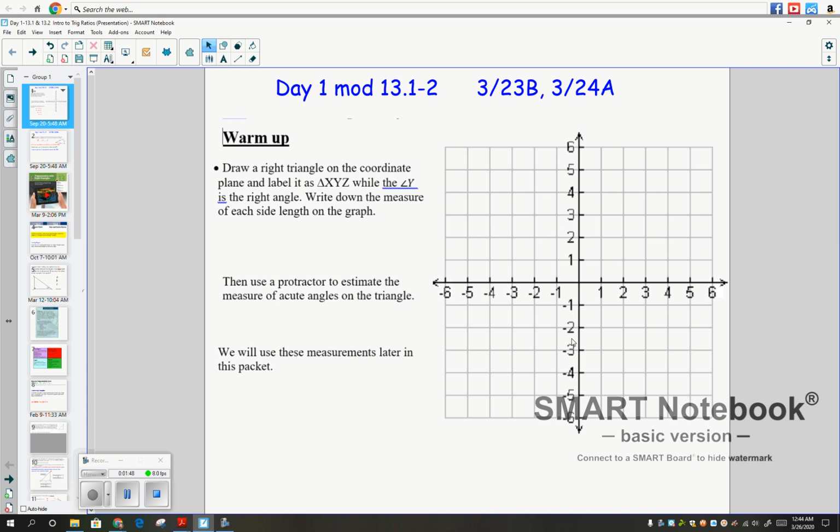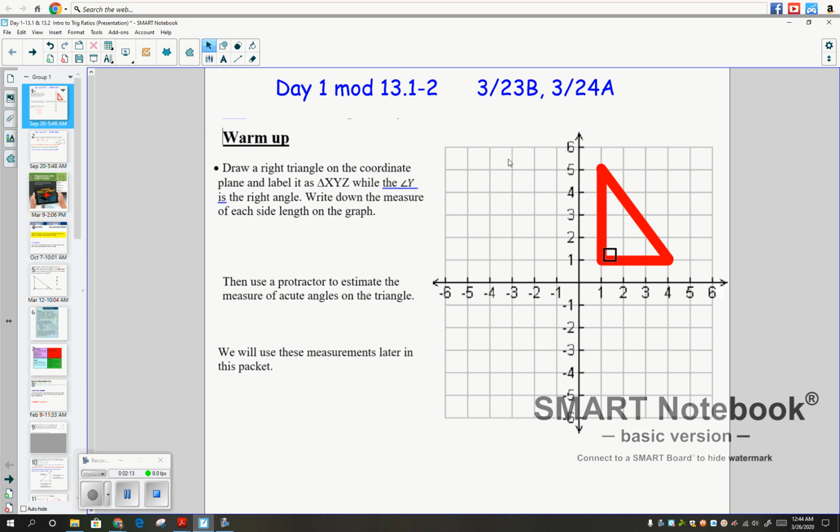We're going to draw a right triangle here in the coordinate grid. I'm going to draw one in here. Notice right here by the point 1, there's my right angle.